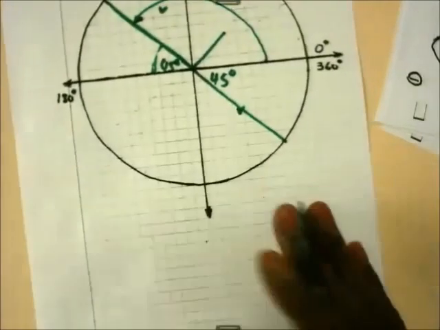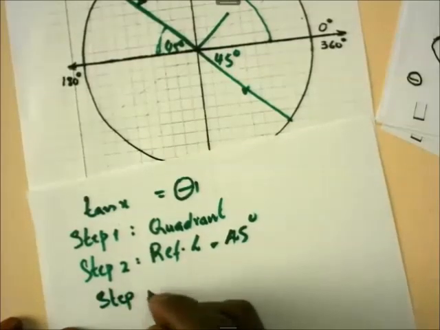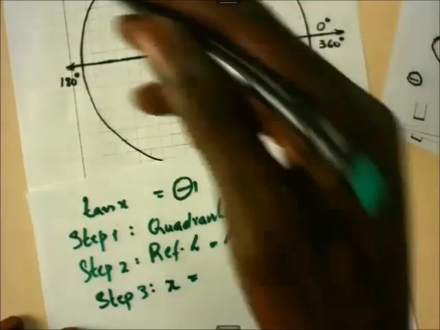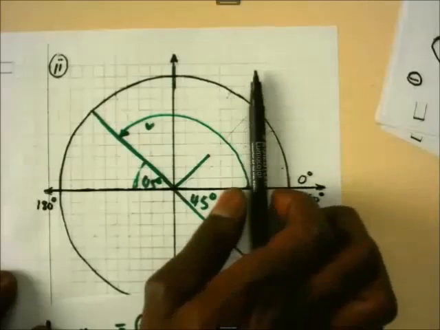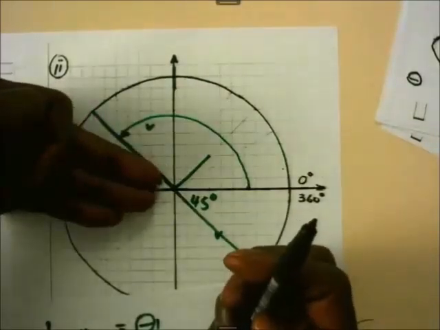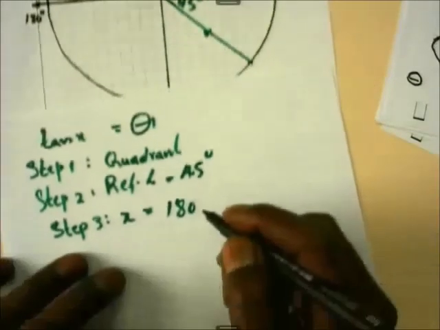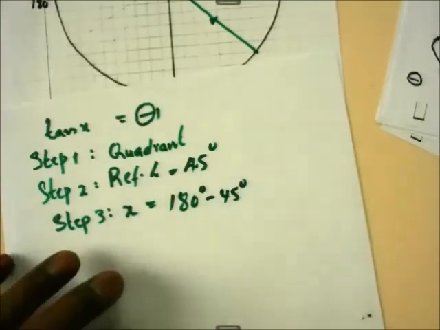So our solution will be step 3. We go to our solution. X will be equals to this angle here will be 180 degrees minus 45 degrees.